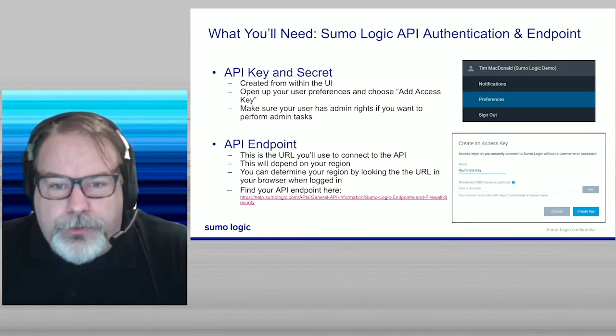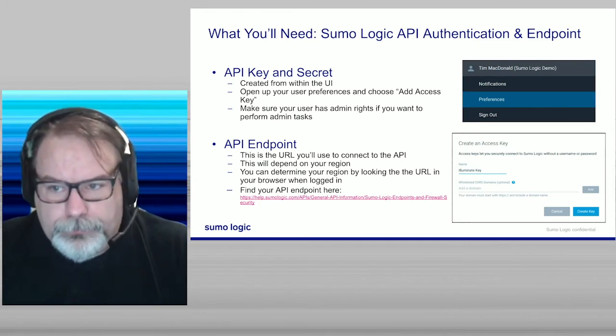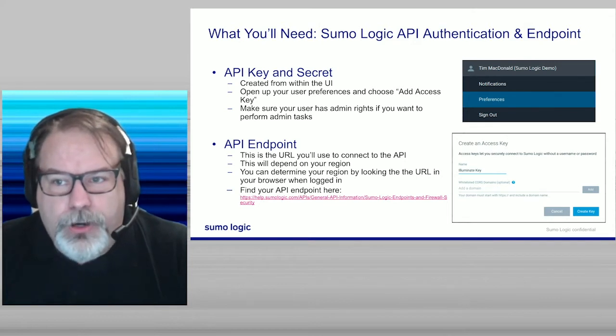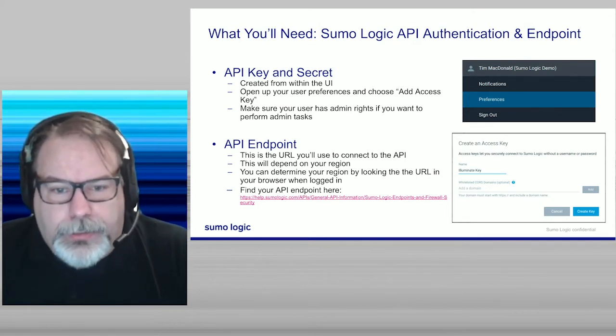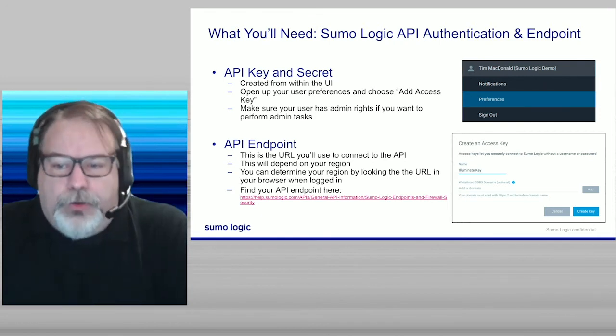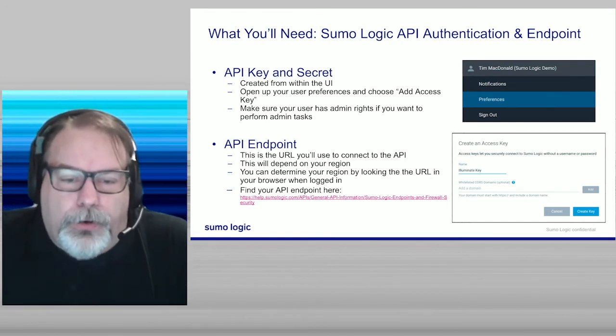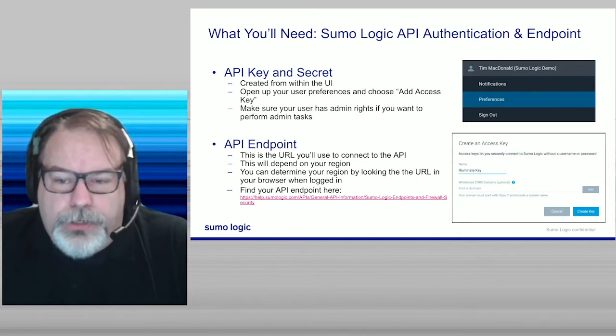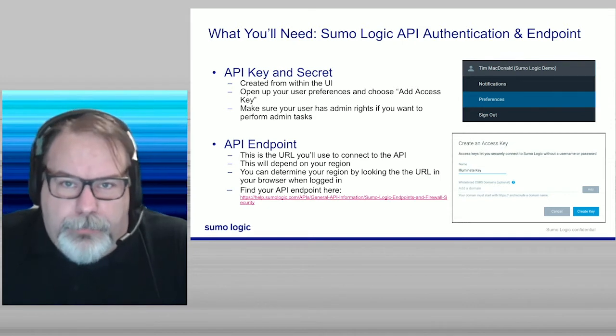If you look at the browser URL bar, it'll give you a hint as to which instance of Sumo Logic you're connecting to. And you can then look up the associated API endpoint by following the link here at the bottom of this slide. So if you go to that, you can compare your URL to the ones listed on that web page, and then find your accompanying API endpoint.